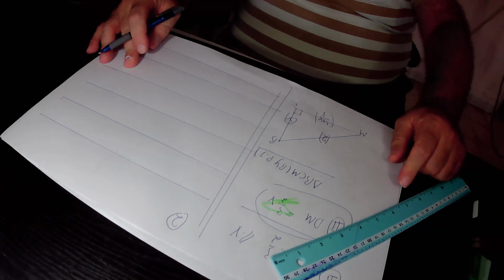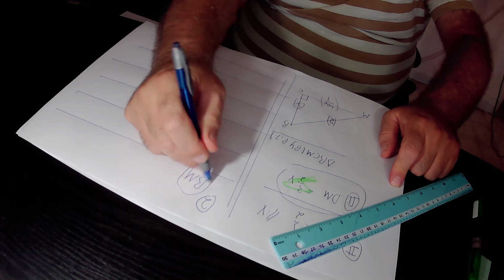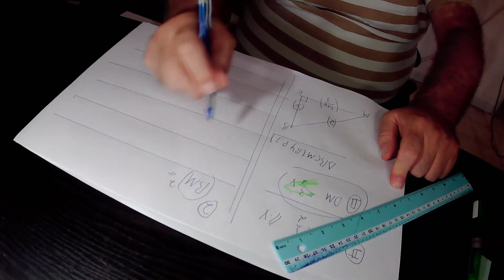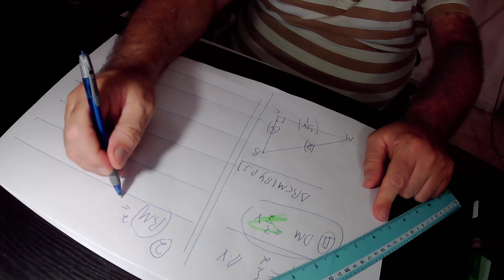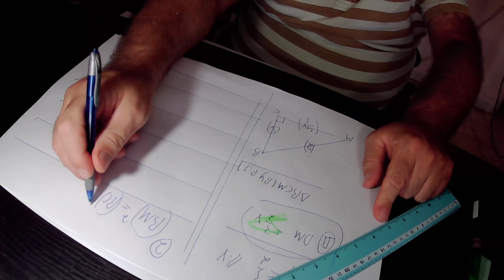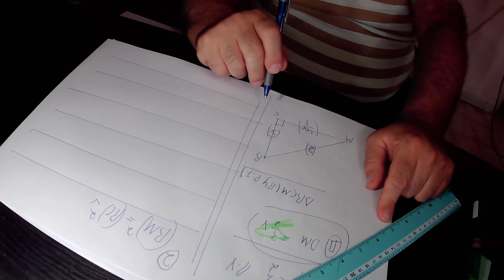BM squared, that is the square of the hypotenuse, is equal to BC squared plus MC squared.